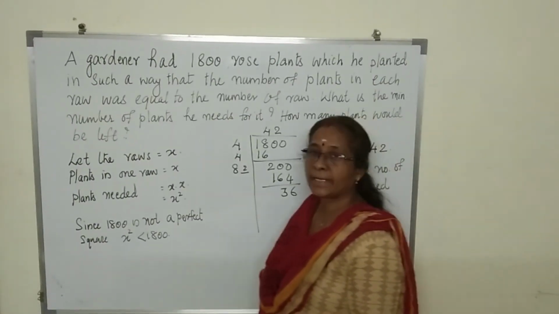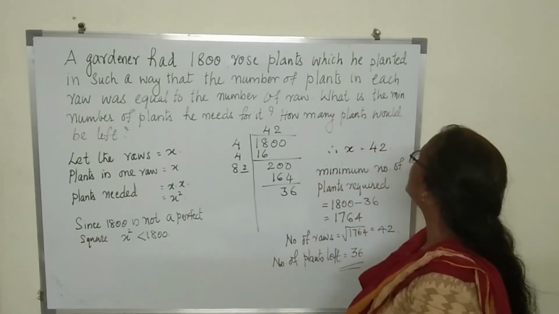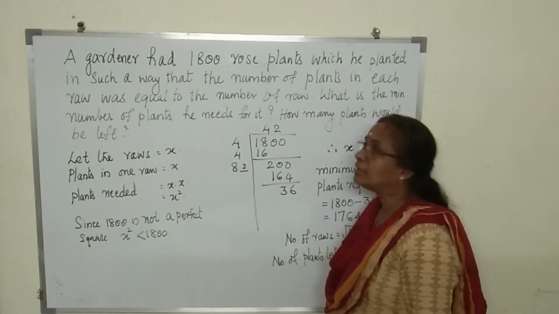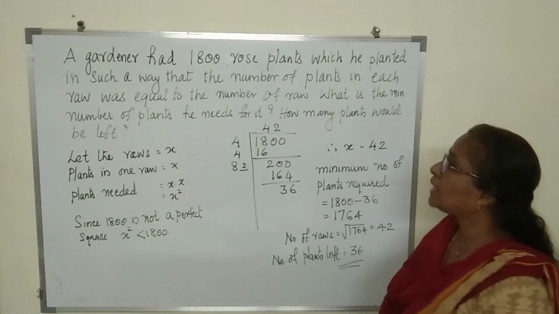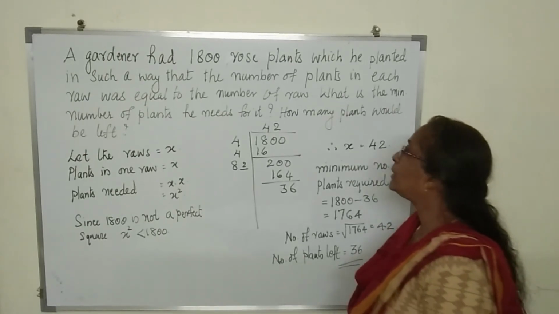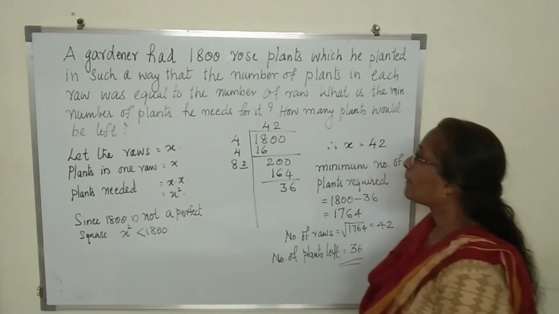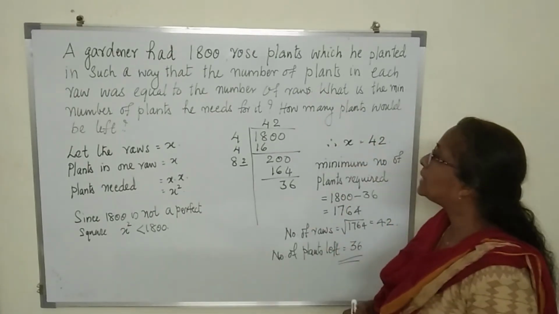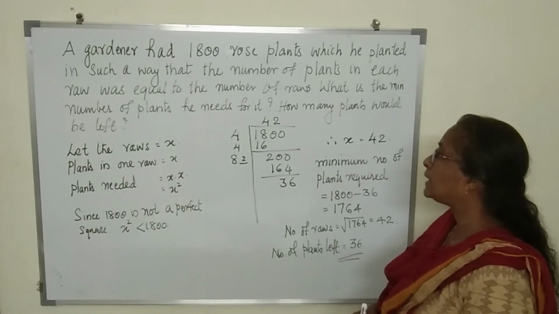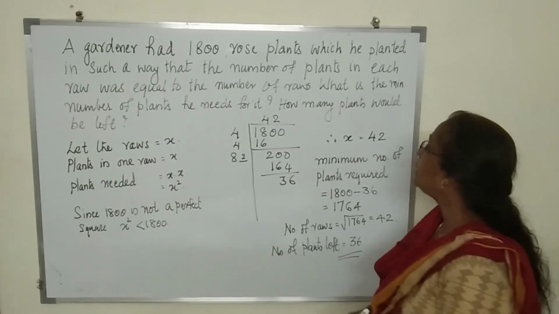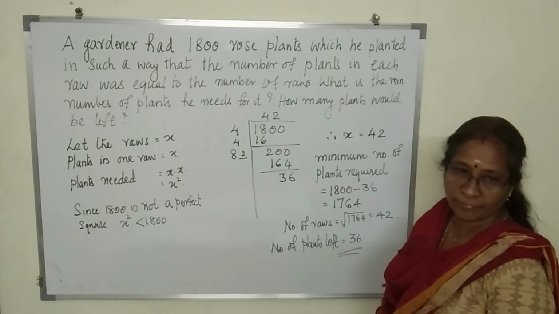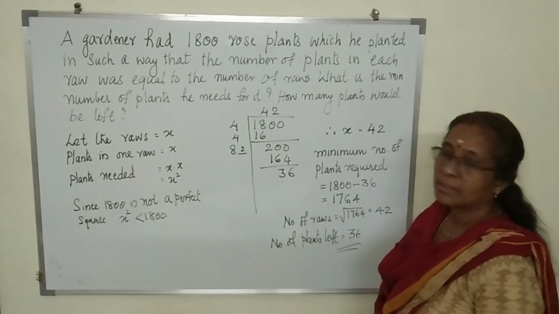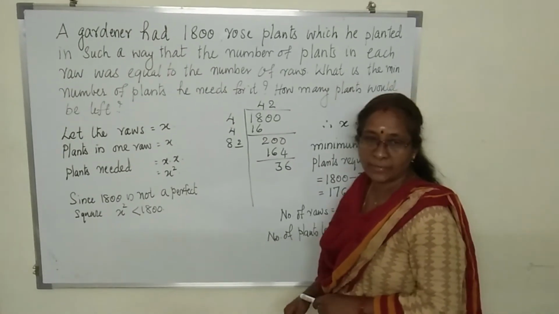A gardener had 1800 rose plants which he planted in such a way that the number of plants in each row was equal to the number of rows. What is the minimum number of plants he needs for it, and how many plants would be left? Now see, he had 1800 plants.